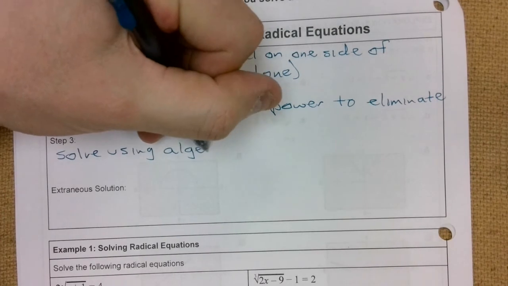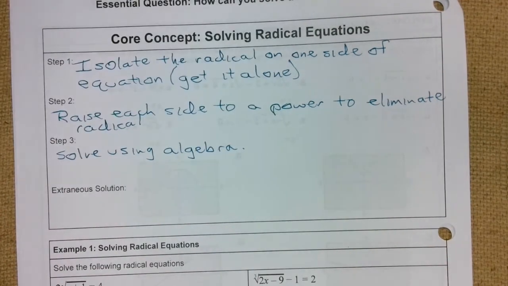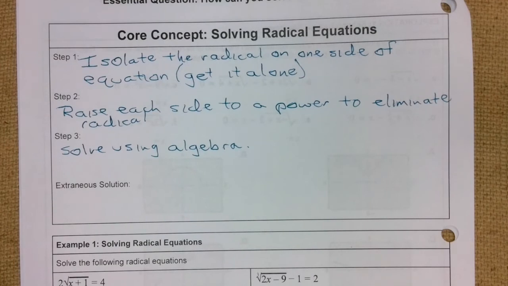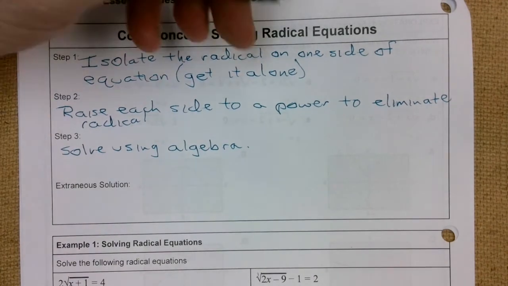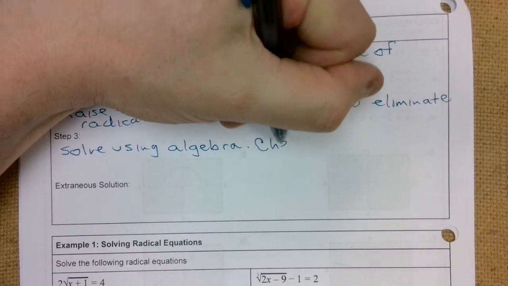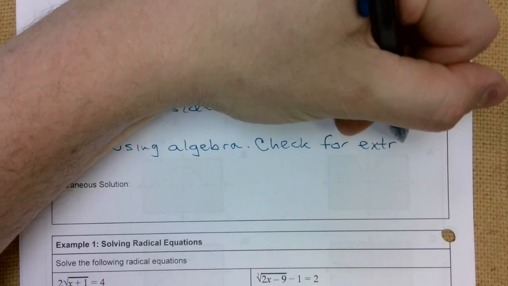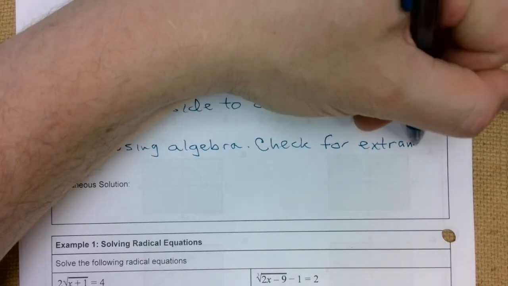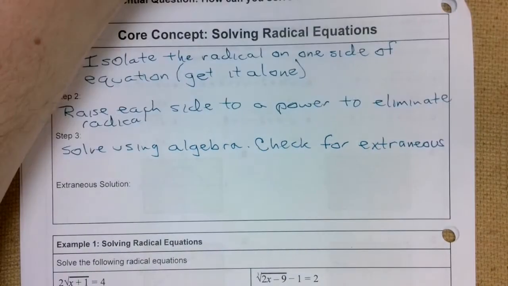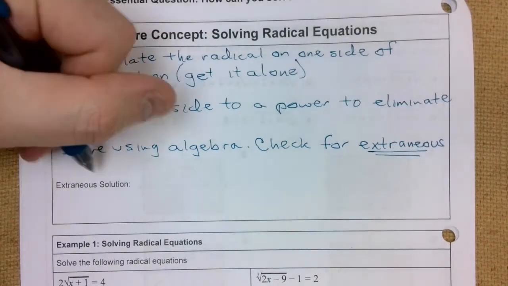But there's one other thing we have to do anytime we have a radical: we have to check for extraneous solutions. E-X-T-R-A-N-E-O-U-S, I think that's how you spell it. Extraneous solutions.